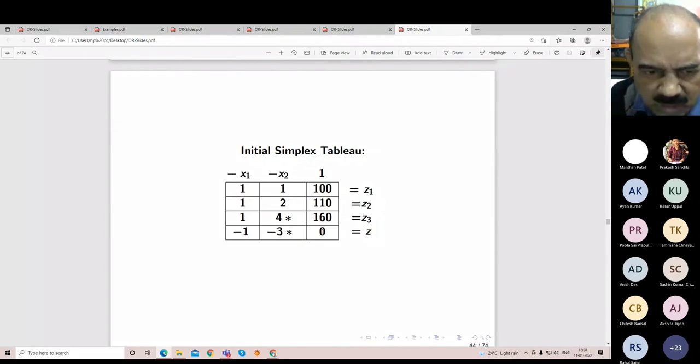Why? Because there are basic variables and non-basic variables. Generally, non-basic variables are 0, and the basic variables' values are given. Z1 equal to 100: once you set x1, x2 to 0, Z1 becomes 100. Then Z2 becomes 110, Z3 becomes 160, and Z, the objective function, equals 0.